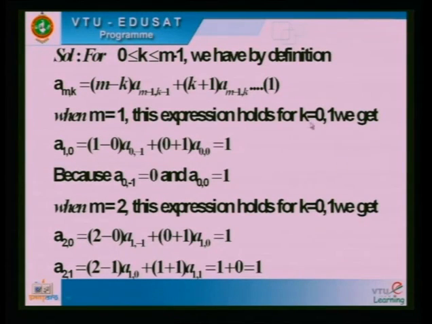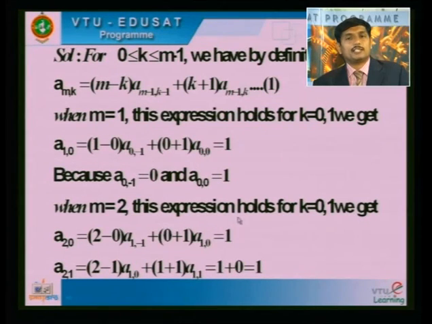When m equals 1, definitely k equals 0, we get A of 1, 0, substitute m equal to 1 and k equals 0, you get A of 1, 0 is 1. Also A of 0, minus 1 is 0 and A of 0, 0 is 1, that is given.